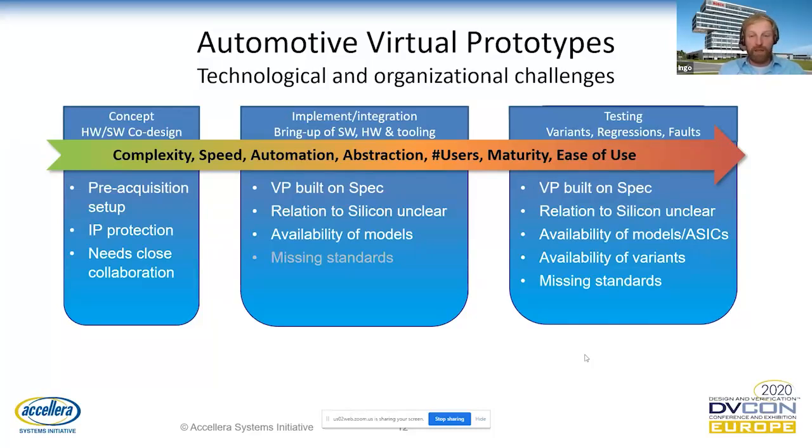And if you need to connect to the outside world, so building an ECU or connecting your own models to it, you need to rely on a certain kind of standard in order to bring these different models together and make them interoperable. Of course, you can write wrappers, but that's typically costly, and that's also error prone if you are not relying on a certain methodology and standard for bringing these things together.